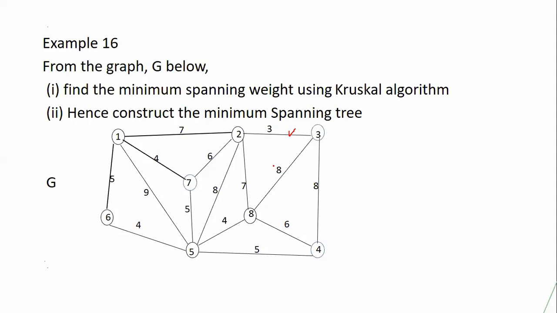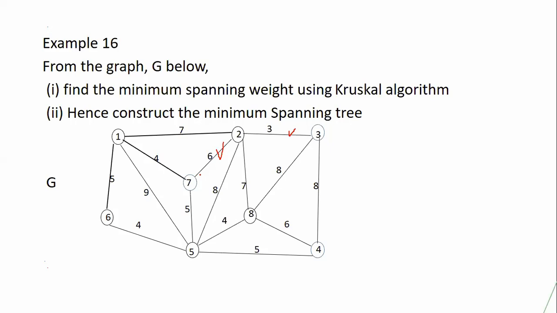Now, when you go to 2, we have 7, we have 8, we have 6. So among all of them, we have 7, 6, 8, 7, 8, 8. So the least among them is 6. Therefore, we must continue from 2 to 7. So we pick this weight. So we're now having 2, 7 here.